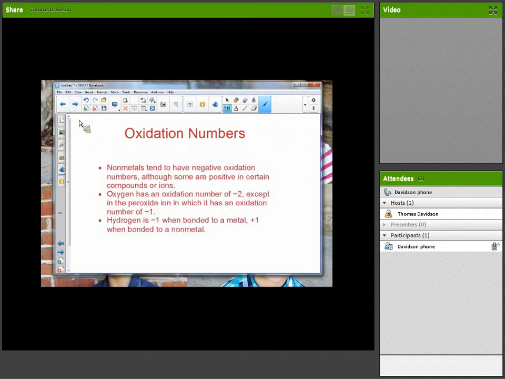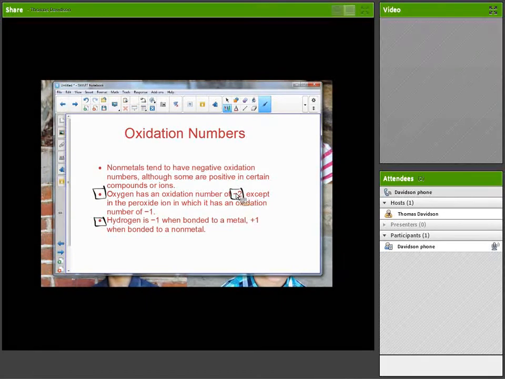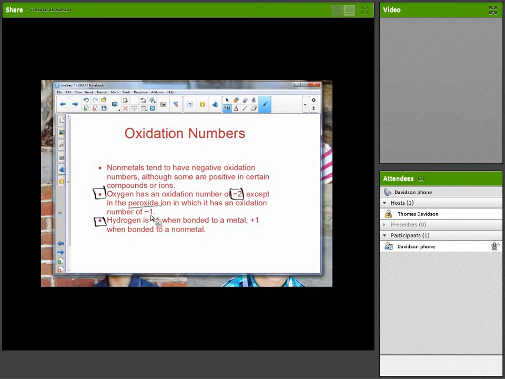Next, nonmetals tend to have negative oxidation numbers, although some are positive in certain compounds. I wouldn't write that whole sentence. Just know nonmetals are usually negative. Next, oxygen and hydrogen. These are the two things that will run life for us. Oxygen has an oxidation number of -2 pretty much always, except in peroxide, which we rarely deal with, where it's a -1.